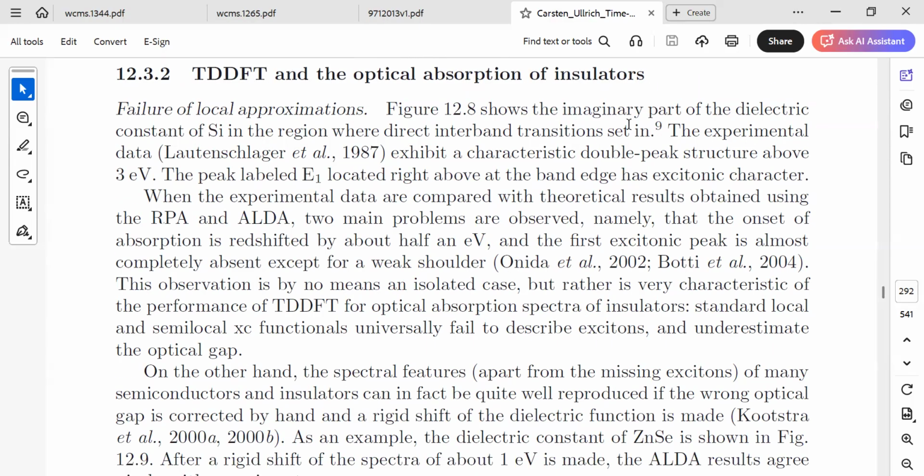It says that the imaginary part of the dielectric function of silicon, in the region where direct interband transition sets in, the experimental data exhibit a characteristic double peak structure above 3 electron volt. The peak labeled E1, located right above the band edge, has excitonic character.